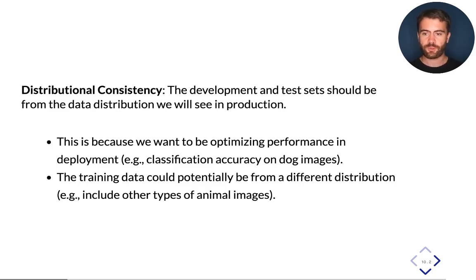Or another example is if we have high resolution or low resolution images, and we know that in the real world we will only see low resolution images, then it's important to have those images in the test set and development set.